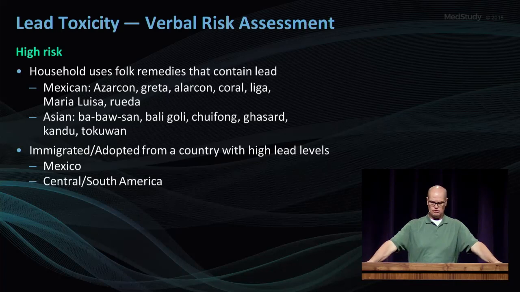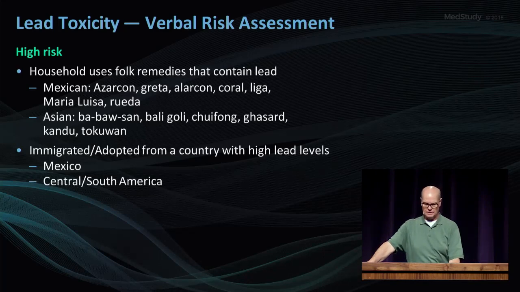Other high-risk household uses of various folk remedies that are listed here, and those who may have immigrated or have been adopted from countries such as South America, Central America, and Mexico, where there are higher lead levels.